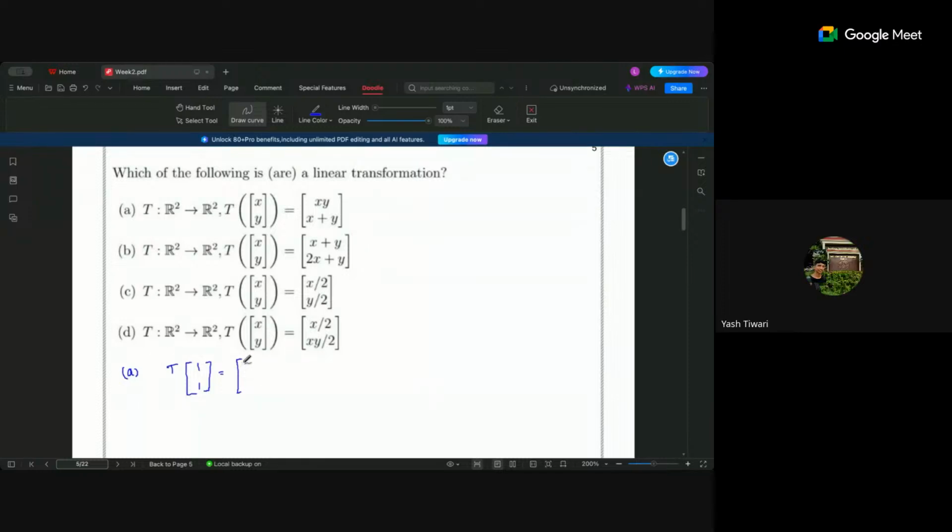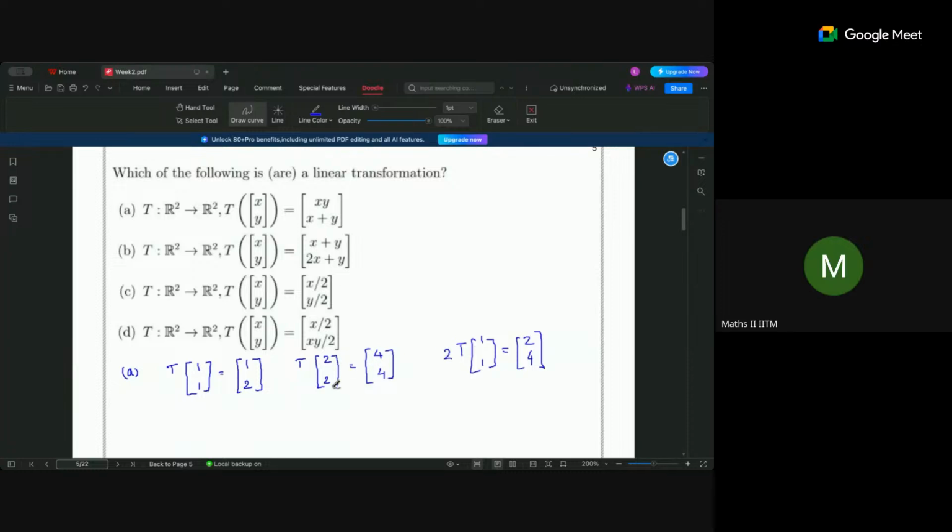It is 1, 2. Now, what is T of 2, 2? 4, 4. Right? Now, what is 2 times T of 1, 1? It is 2, 4, right?